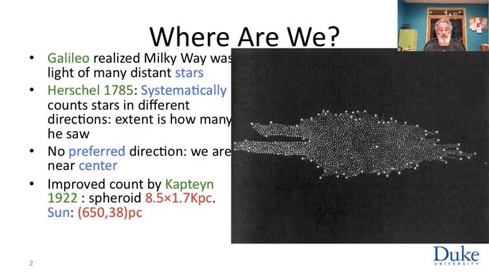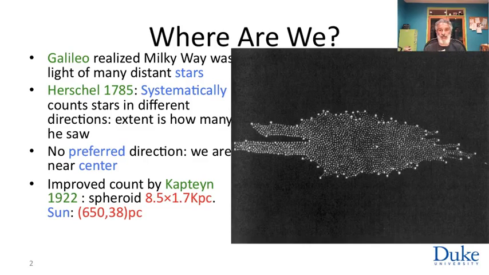He drew a map of the universe of this disk shape that we live in, and he drew this map extended in each direction depending on how many stars he found, assuming that the farther the universe extended, the more stars he could see. And his map is here on the right, and the salient point is that he put the sun, which is that brighter dot, in the middle of his universe.